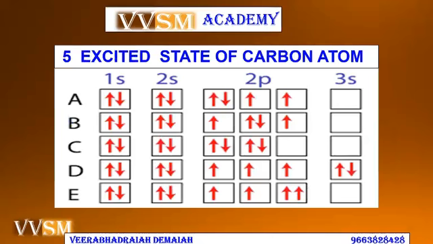During the excited state of carbon atom, for example, you can take the excited state of the carbon atom. This will be discussed later in our forthcoming classes about the distribution of electrons, that is electronic configuration.